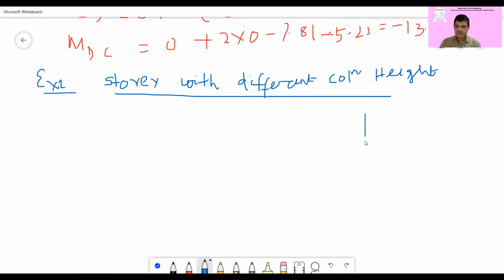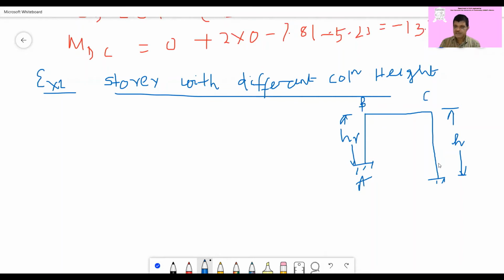Now what will happen here? This is the problem now. Let one height be H and the other be HR. Now A, B, C, D.